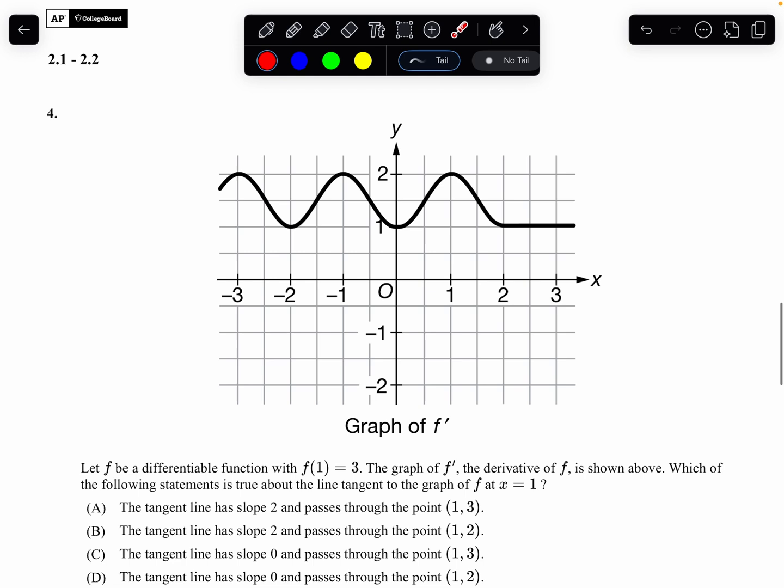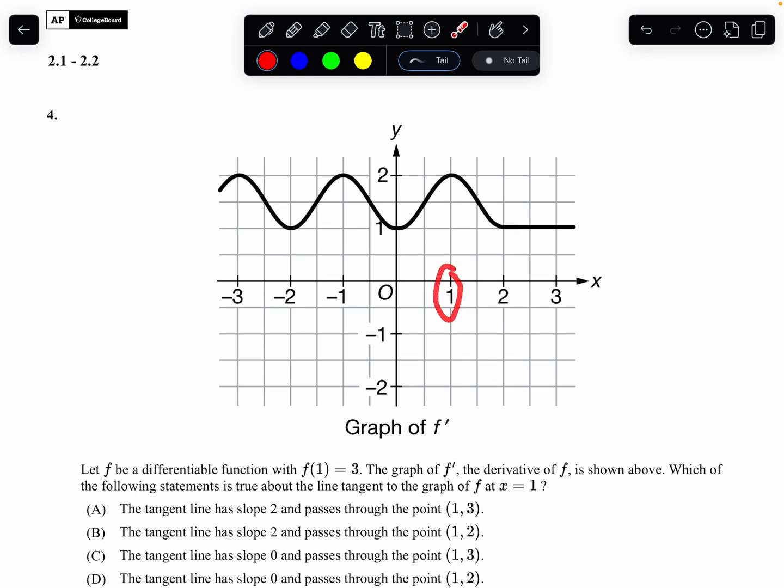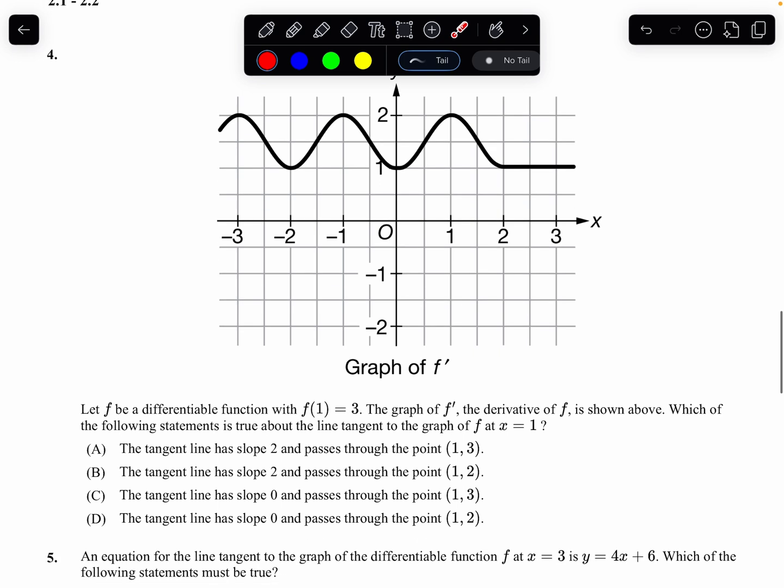So you can see here, if you try to look at f of 1, and you saw this right here, and you're like, well, wait, f of 1 is 2. No, f prime of 1 is 2. F prime of 1 is 2. The graph of f prime, the derivative of f, is shown above. Which of the following statements is true about the line tangent to the graph of f at x equals 1?